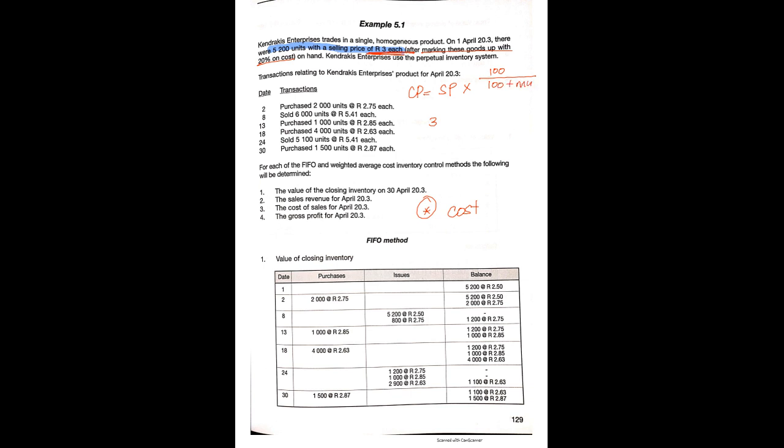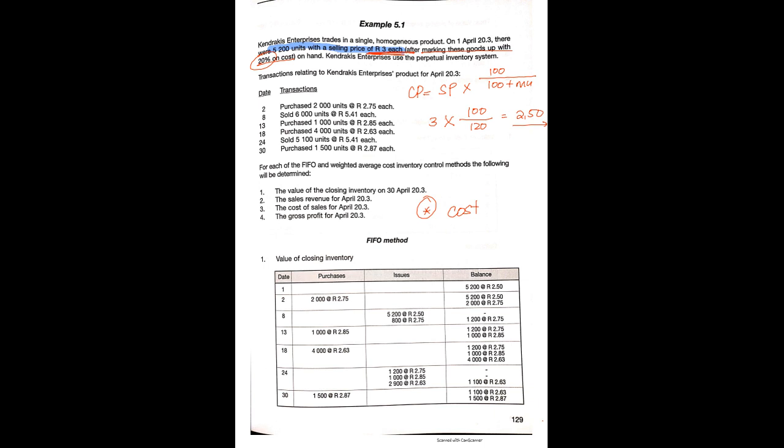So here it would be 3 multiplied by 100 over 100 plus the markup percentage was 20, so 100 plus 20, which is 120. This then would tell us that the cost price is R2.50, and we can now record that as your opening balance because this is what was available as they had indicated on the 1st of April 2023.